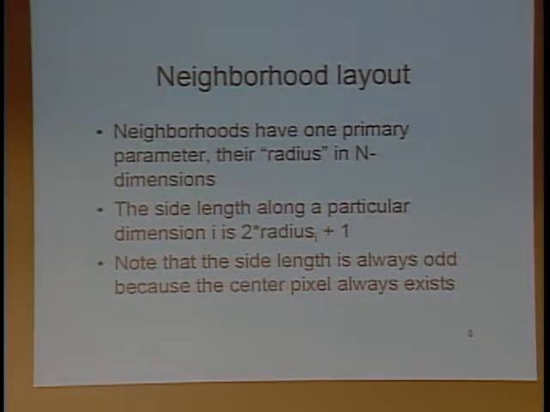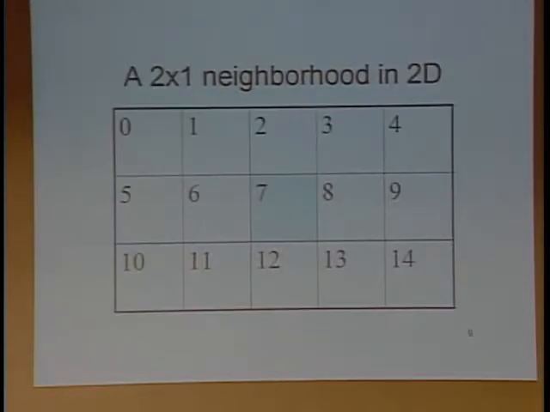So the side length along a particular dimension is the corresponding radius component times 2 plus 1. That 1 is for the center pixel. So the side length of a neighborhood is always odd. And here is an example of 2D neighborhood of radius 2 by 1. So there are 2 more columns on the left and right of the center pixel, and 1 more row on the top and bottom of the center pixel.